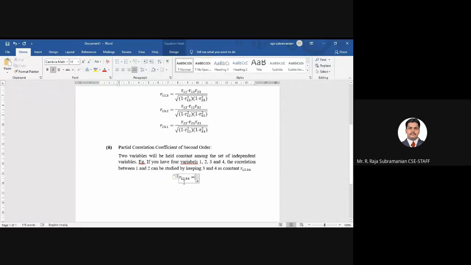So what I will do, R12 dot 4 will be the first one. R12 dot 4 minus R13 dot 4 into R23 dot 4.